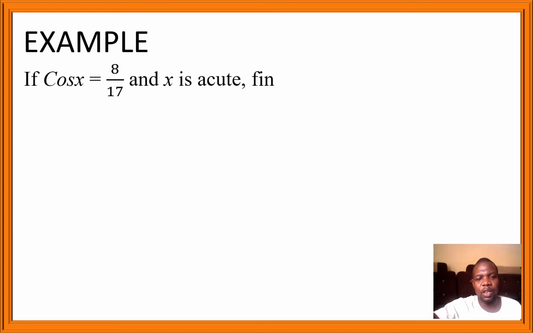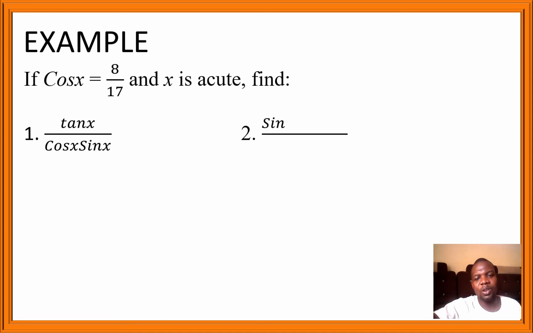For example, if you are given cos of x to be 8/17, where x is acute, and they ask you to find tan of x over cos of x sine of x, or sine of x plus tan of x over tan x minus sine x. Let's look at how we can solve these examples.